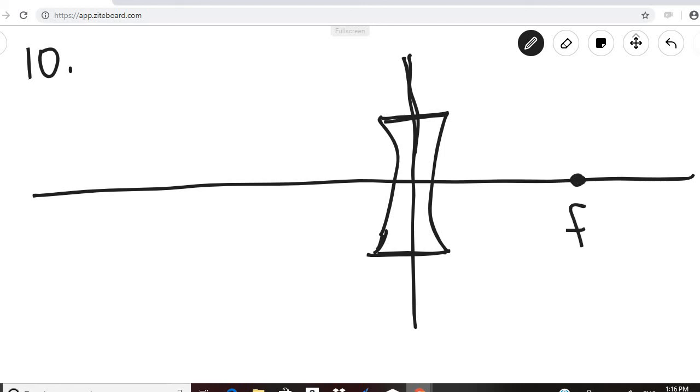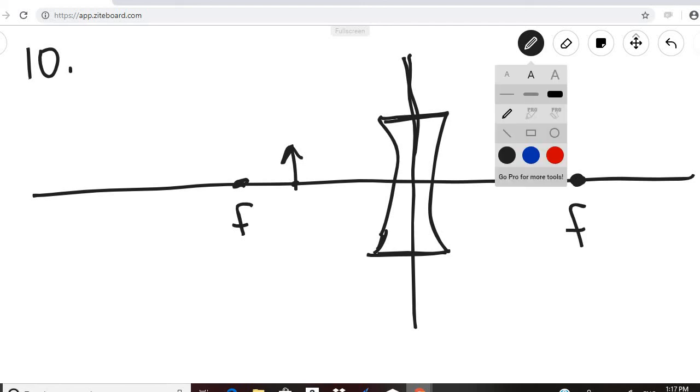There. And our other focal point there. And then the object is 5 centimeters. So if that's 8, we'll say this is 5, and that's where our object's going to be.